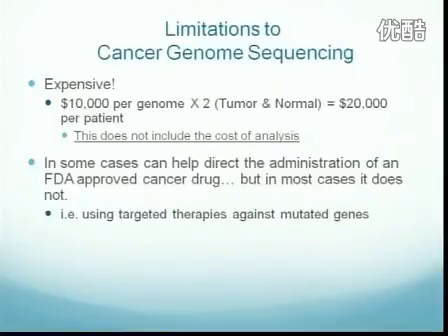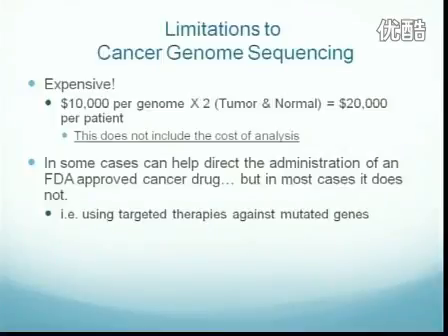The second part with whole genome sequencing is that in some cases it can help direct administration of a drug, but in most cases it does not. So what does this mean? There's this big push right now in the translational oncology world to sequence a whole genome and, based off that sequencing, determine what drug to give the patient. The premise is if a certain drug target is mutated, you then give the drug against that mutated gene, or at least in its pathway.